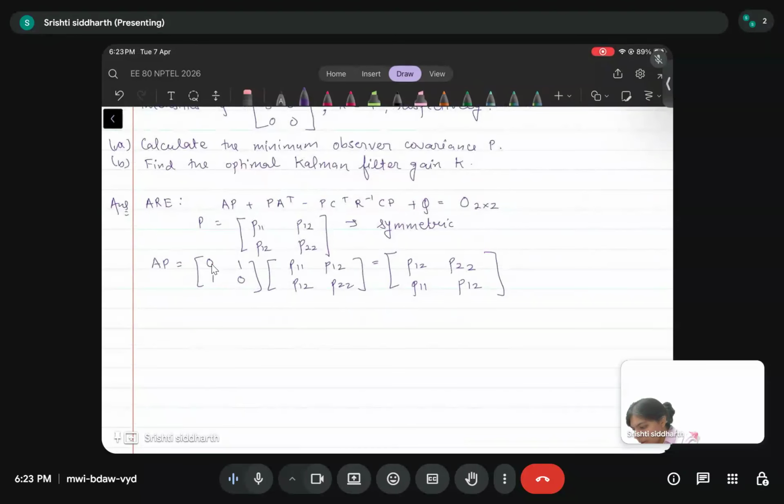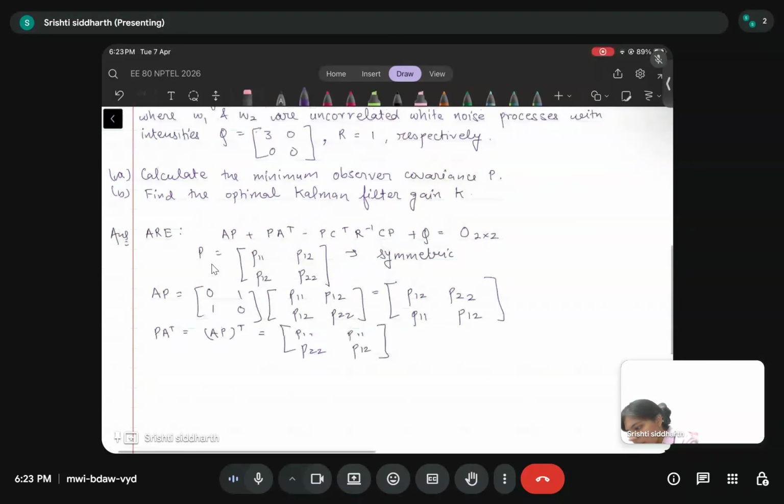Since P is symmetric, PA transpose is the transpose of AP. This becomes P12, P22, P11, P12. Then R is a scalar, so R inverse is simply 1 in this case.